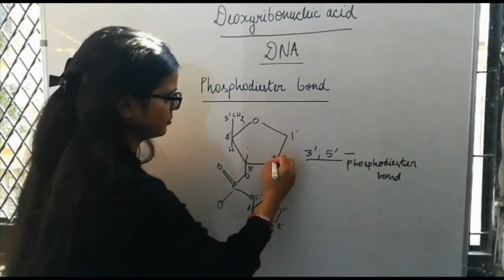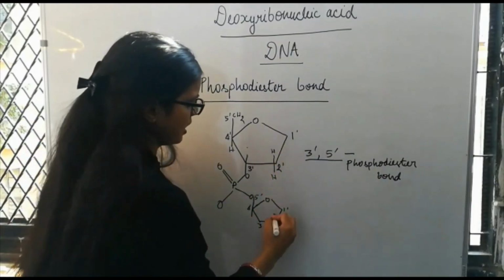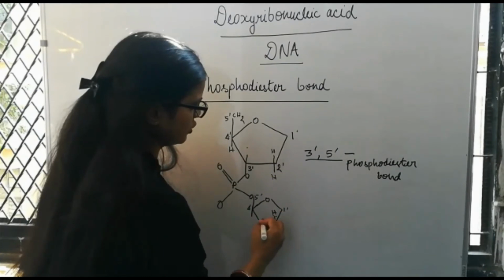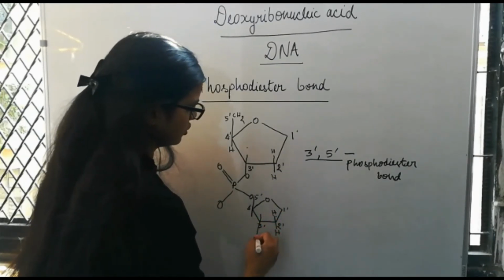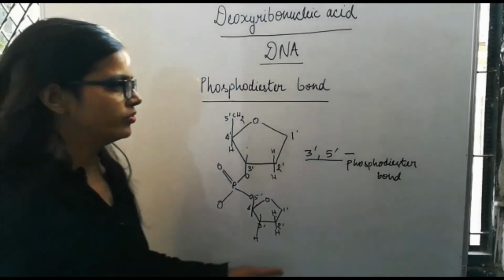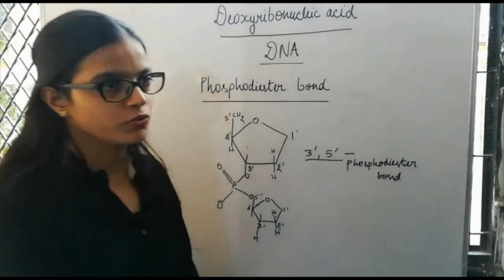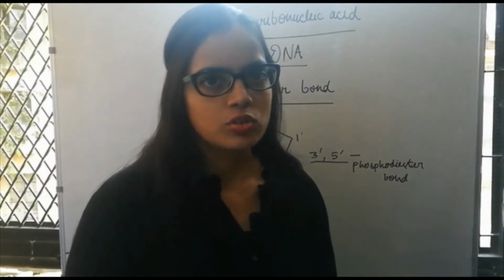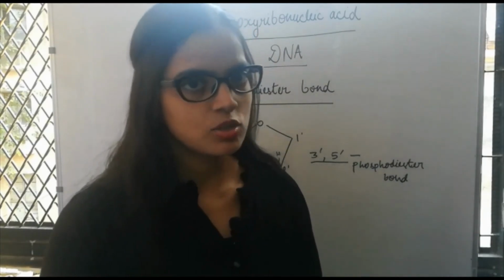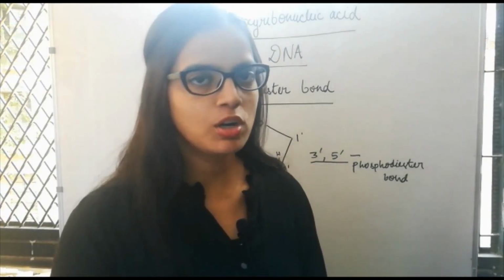You can write it completely as H, H, H. This is the structure of the 3'-5' phosphodiester bond. So in this class we have discussed two types of bond, that is glycosidic bond and phosphodiester bond.